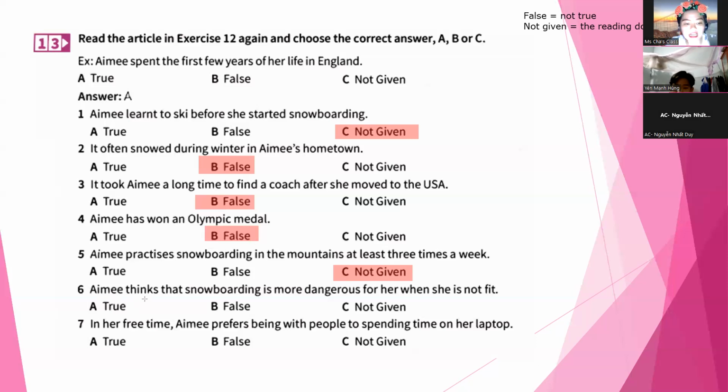Number six, Amy thinks that snowboarding is more dangerous for her when she is not fit. The answer is... Amy thinks that snowboarding is more dangerous for her when she is not fit.